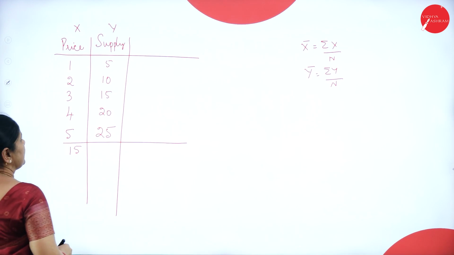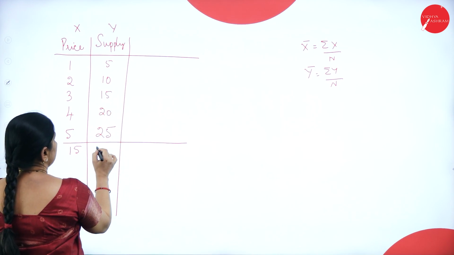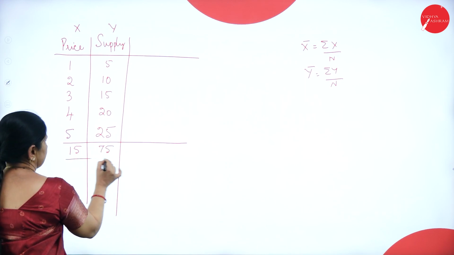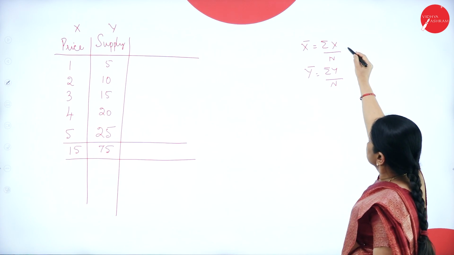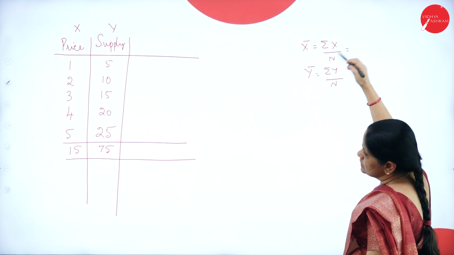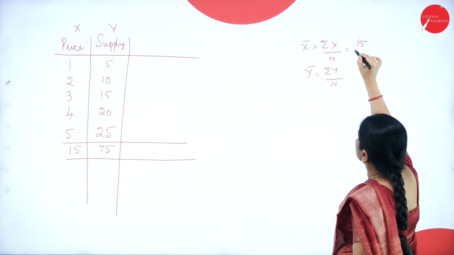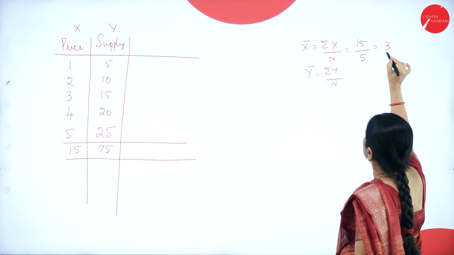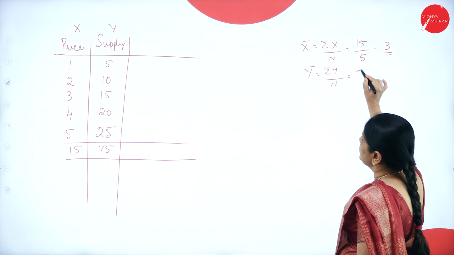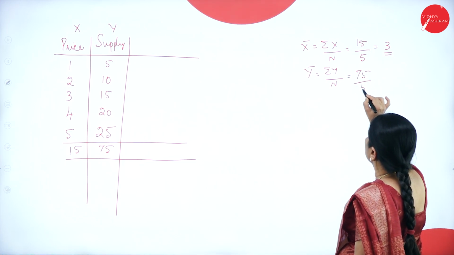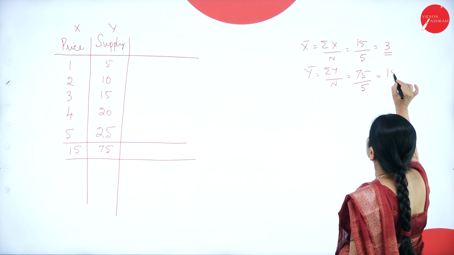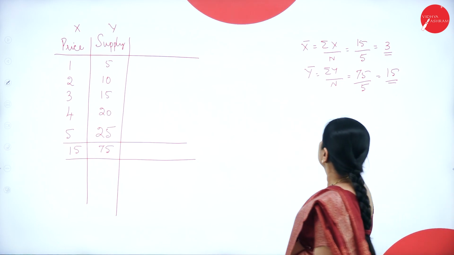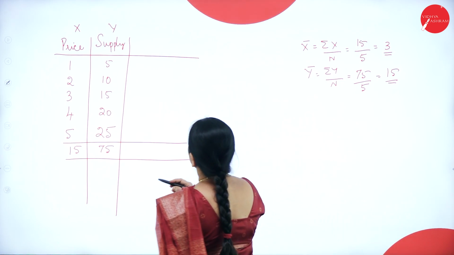Then, sigma y will be 30, 50, 50 plus 25 is 75. I will substitute the values here. So sigma x is 15. The number of values is 5. So this is equal to 3. Sigma y will be 75 divided by 5, that is 15.